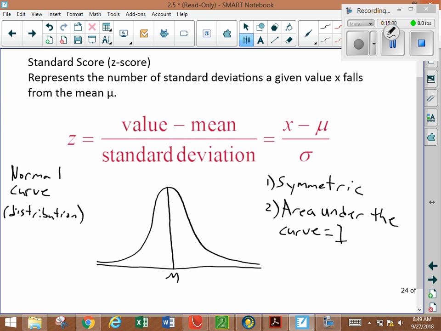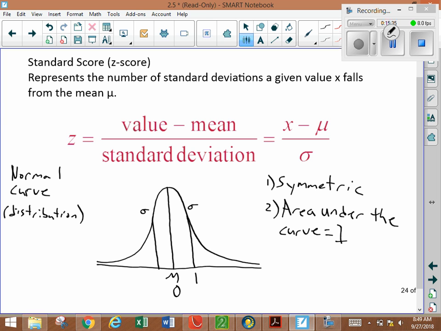If you're going to draw a standard version, the mean is 0. The spot where the mean is, is 0. The first standard deviation, remember we said there was one standard deviation away? That value is 1. Remember when we were looking at that with the empirical rule, that 68, 95, 99.7 rule?